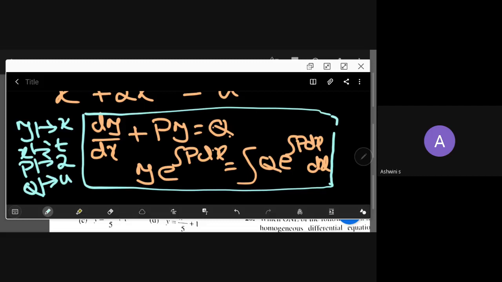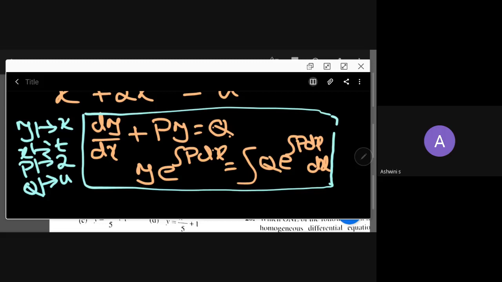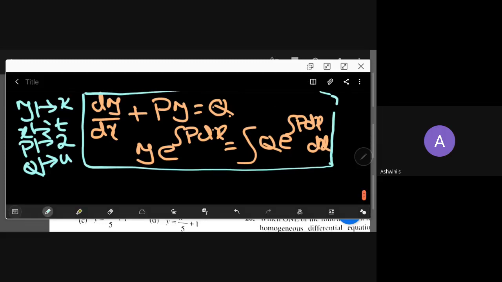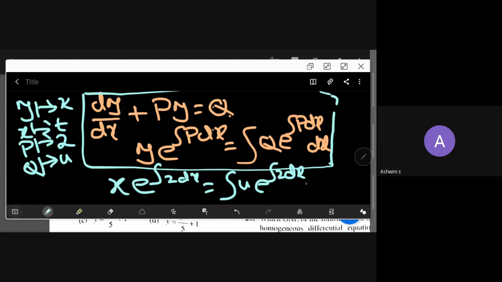So integral p dx, so 2 dx. Y is x. So we have x e power integral 2 dx is equal to integral u e power integral 2 dx, dx.